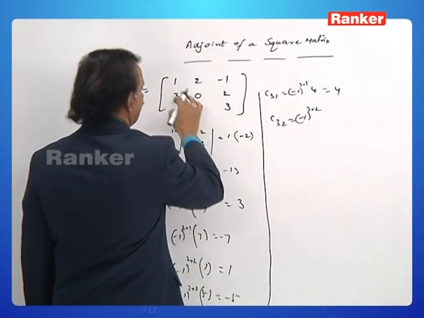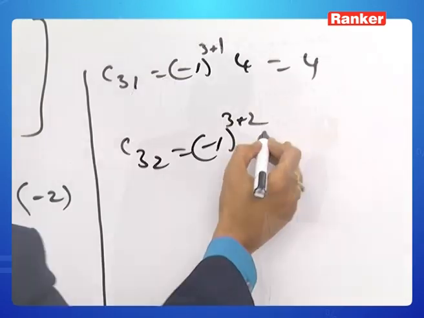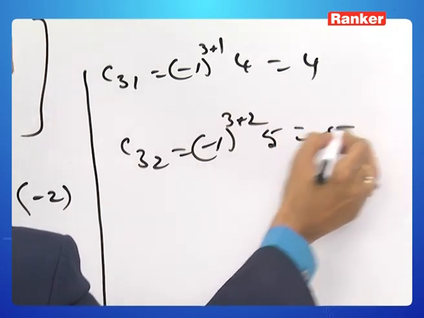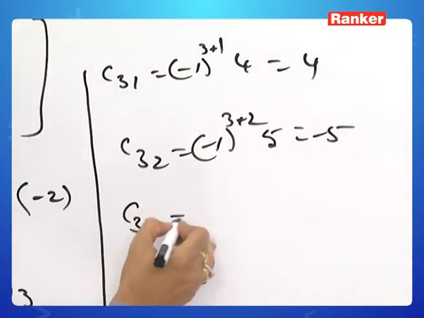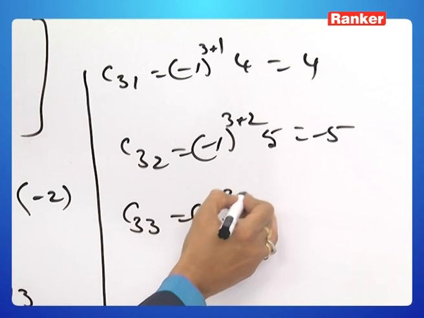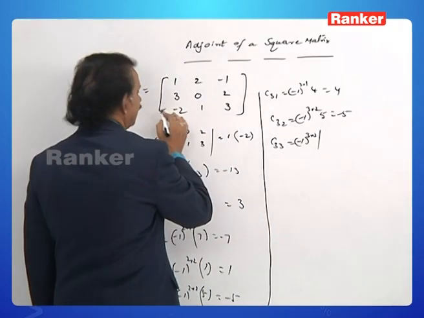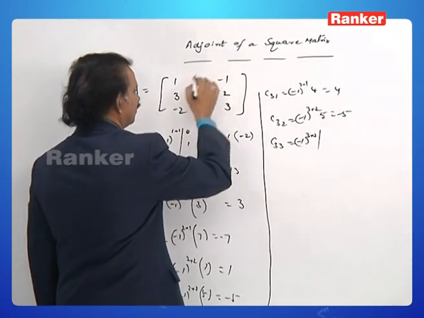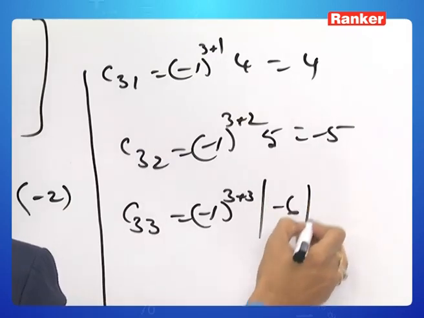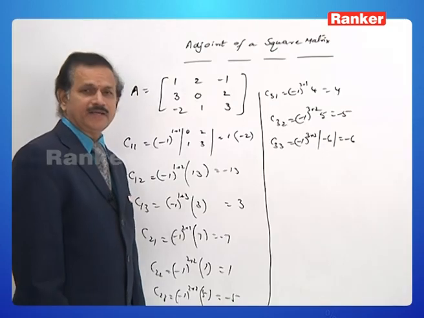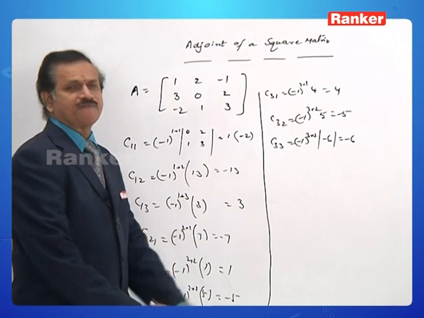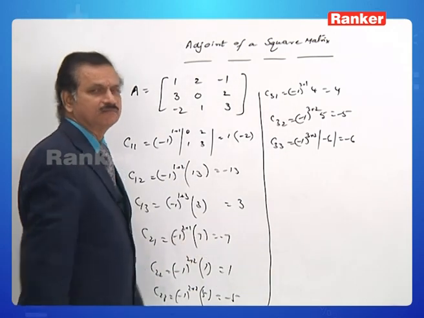Third row, second column. 2 plus 3, 5. So the answer is -5. At the last place, -1 whole power 3 plus 3 into, remove third row and third column. 0 minus 6 is -6. Hence it is -6.